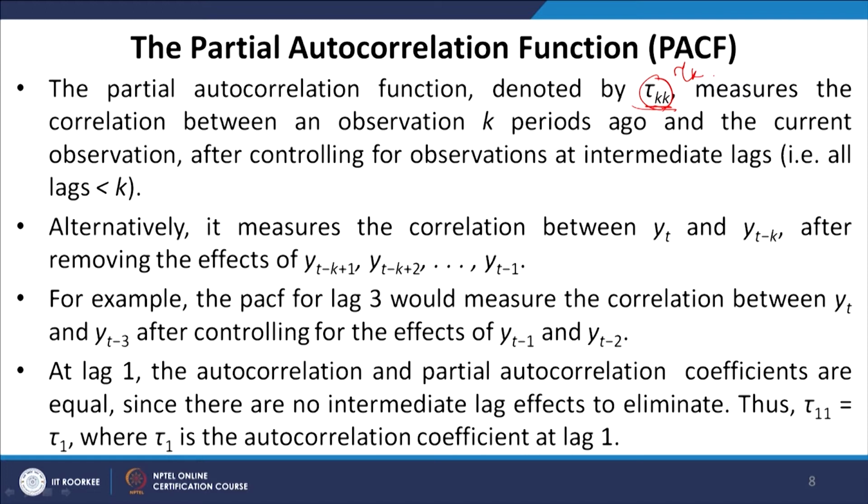For example, the PACF for lag 3 would measure the correlation between yt and yt minus 3 after controlling for the effects of yt minus 1 and yt minus 2. At lag 1, the autocorrelation and partial autocorrelation coefficients are equal because there are no intermediate lagged effects to eliminate. Thus, tau 11 is equal to tau 1, where tau 1 is the autocorrelation coefficient at lag 1.